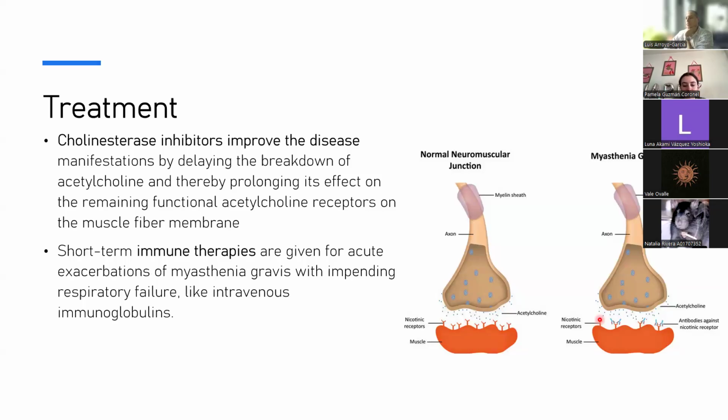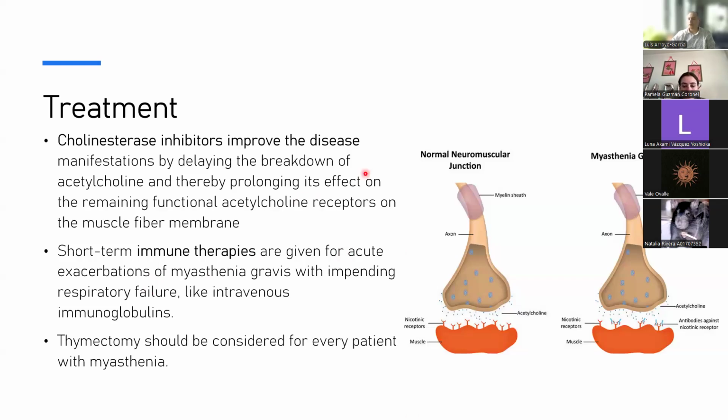And there are also some immunotherapies for acute exacerbation of myasthenia gravis with impending respiratory failure, like immunoglobulins. And in some of the patients, we need to check the thymectomy, since this is leading to cancer. So this is the first one.